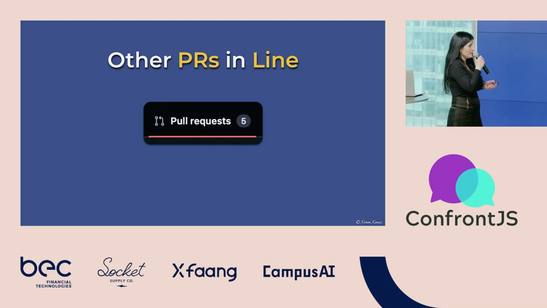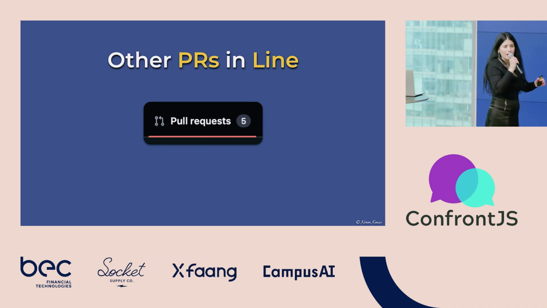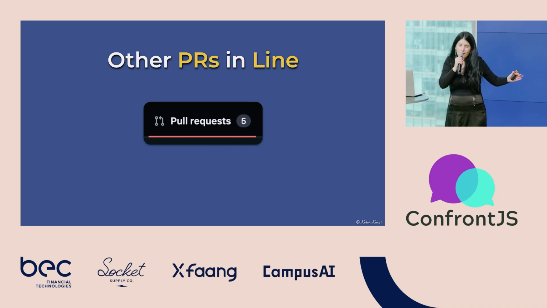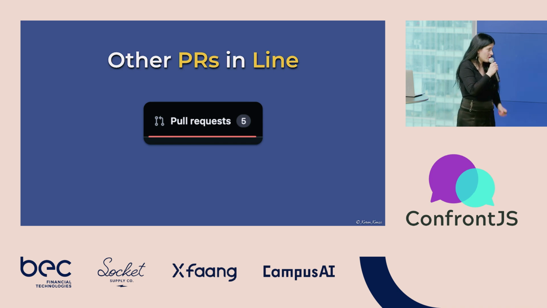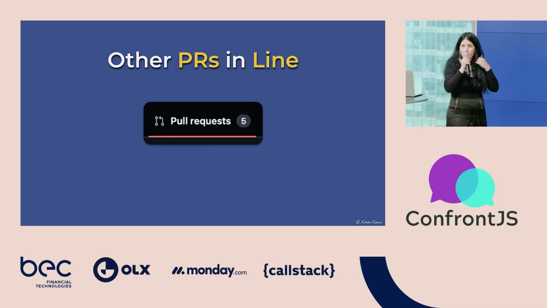And just imagine that you have other pull requests in line. You know, when we're working on a feature, you change a certain file, but your other team members are working on the same file because they have a different feature they need to add to the code. And then their PR gets merged first. So what happens?